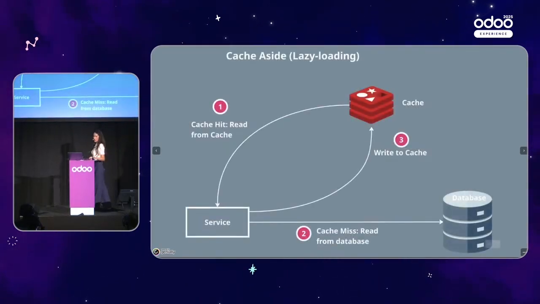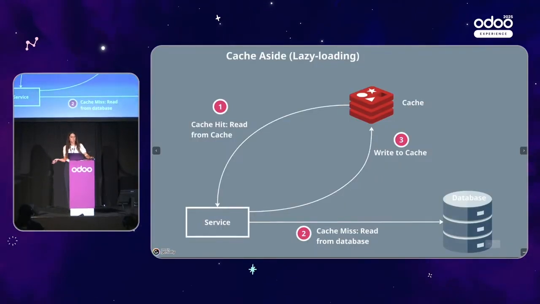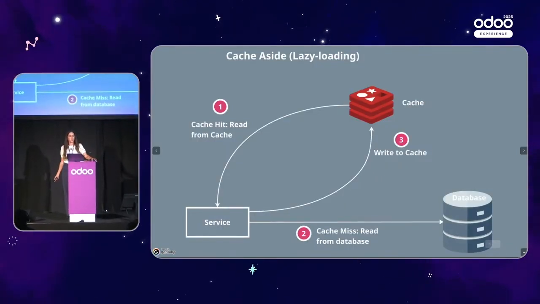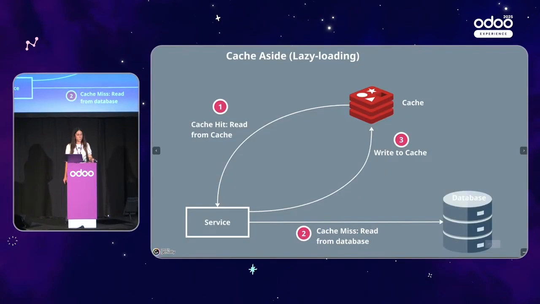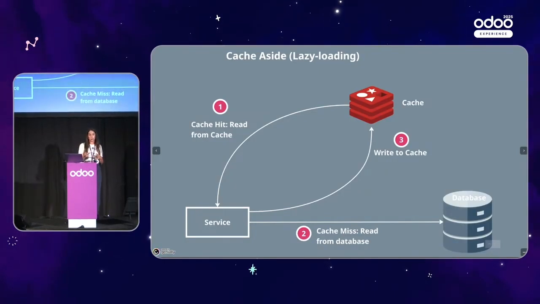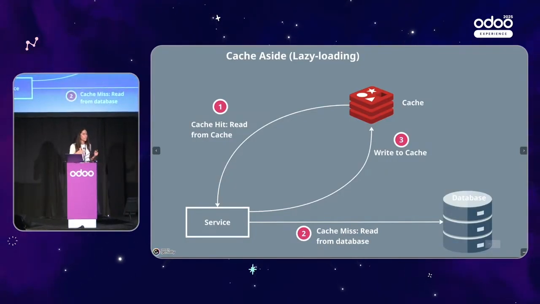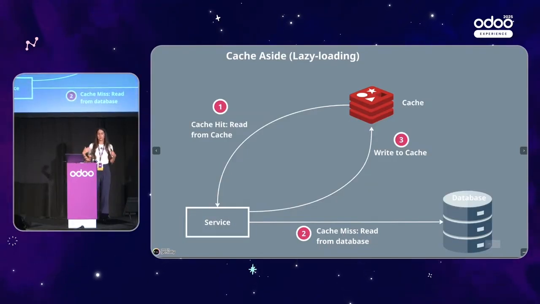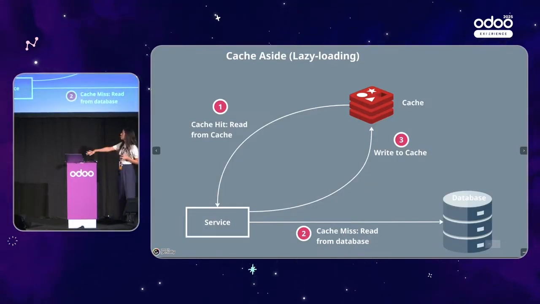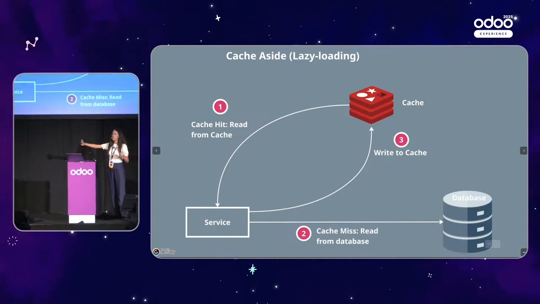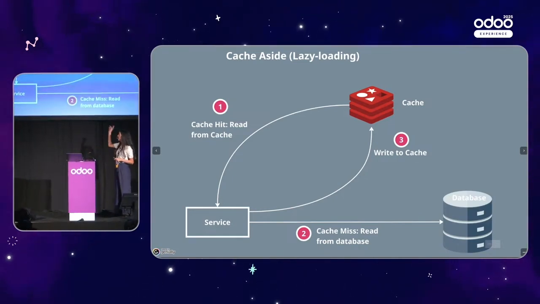So we decided we were going to use the cache-aside strategy for applying our cache to our website. This strategy is commonly used in e-commerce and mainly any website where data is read many times more than it's written. Basically, we always try to get our data from the cache.